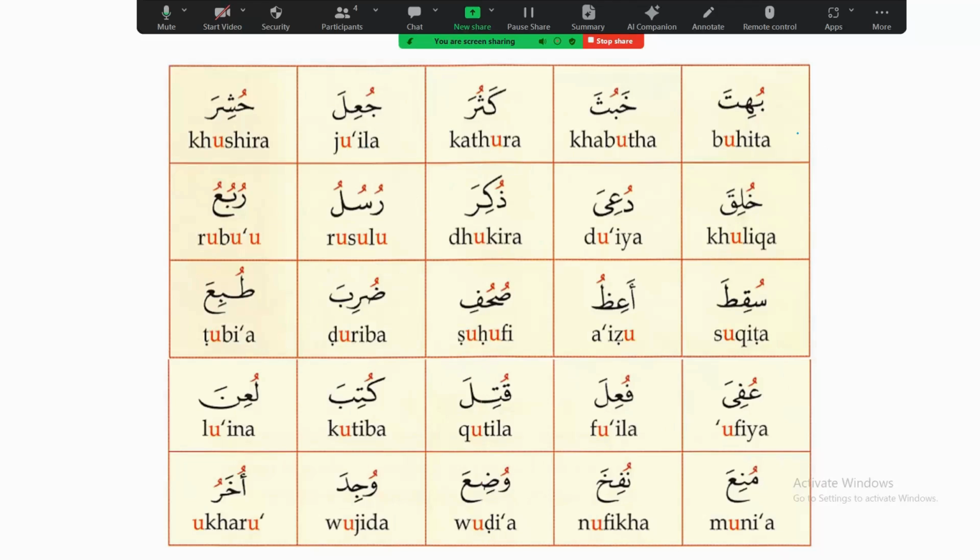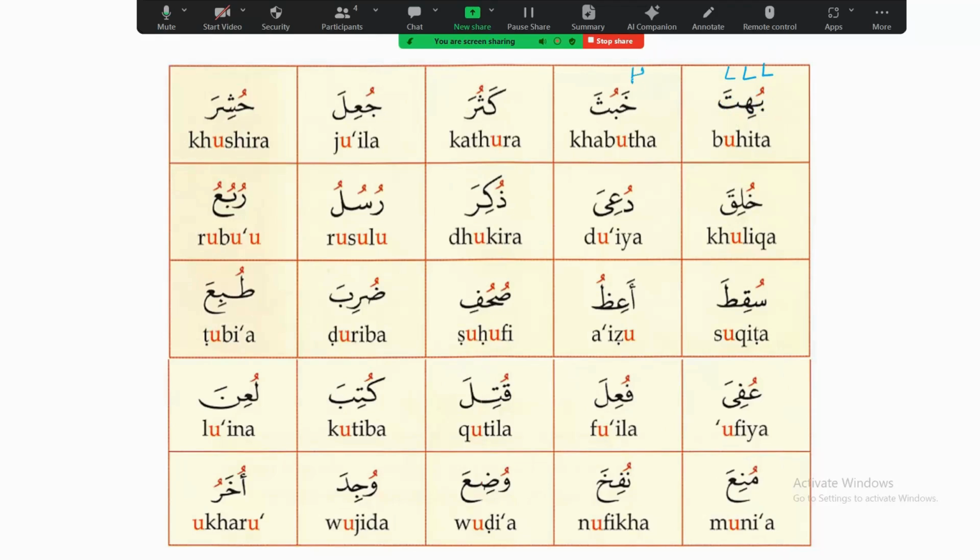So the first row is like ba, dhamma, bu, ha, kasra, hi, ta, fatha, ta, bu, hi, ta, buhita. Okay, so this is light, this is light, this is light. Buhita.